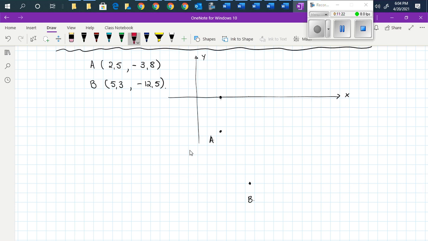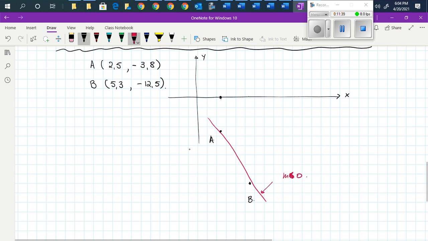When you connect those 2 points, you will have a straight line that is falling down, and we know the slope is something less than 0.